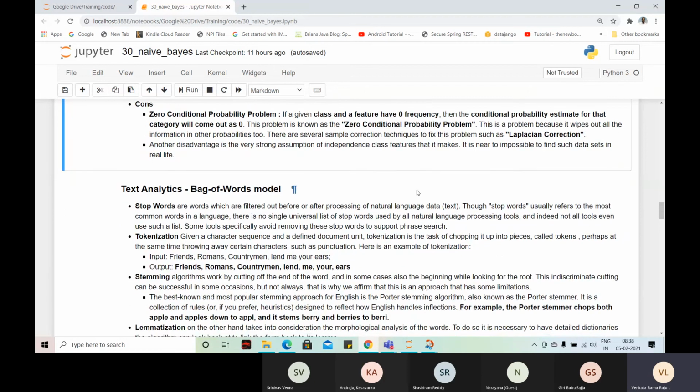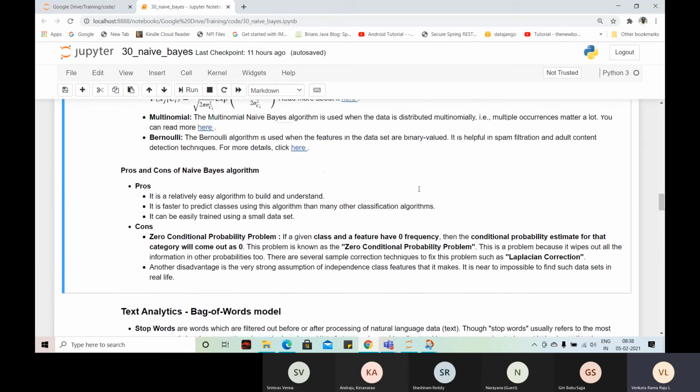But if it is decent independence, you can use it. That's where on text problems, naive Bayes is taken as an example, because when you create a count vectorizer, the data is actually a little bit independent. The input space is a little independent. Not that independent, but a little independent.